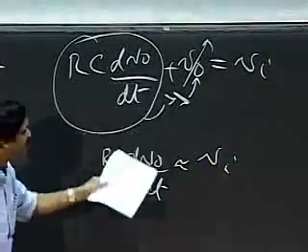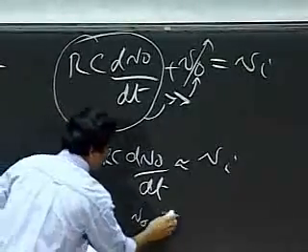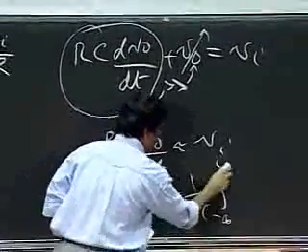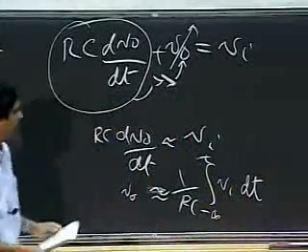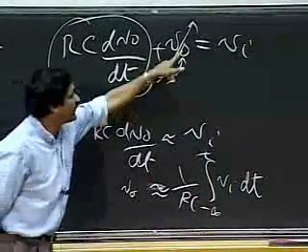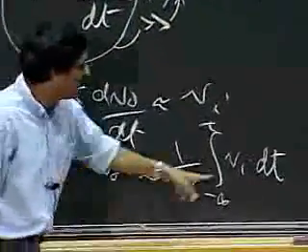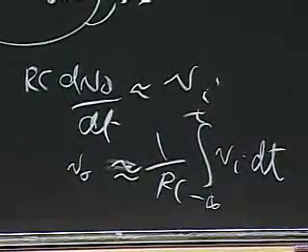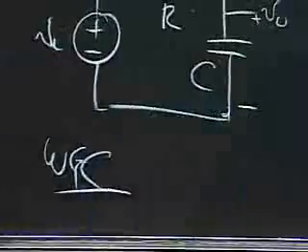So if that were true, then V naught would be more or less equal to 1 by RC integral of VI dt. Again, if this were true for all time, then VO would be integral of VI dt. Again, remember, this is all a wild goose chase. Just write down WGC there, just so you don't get confused.